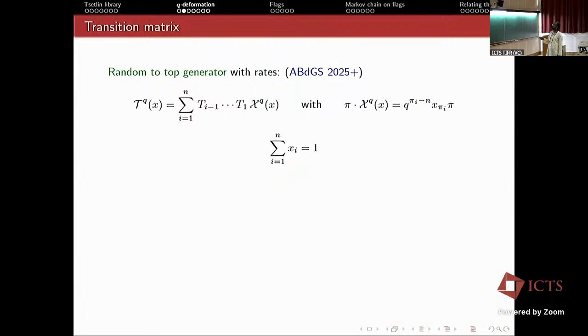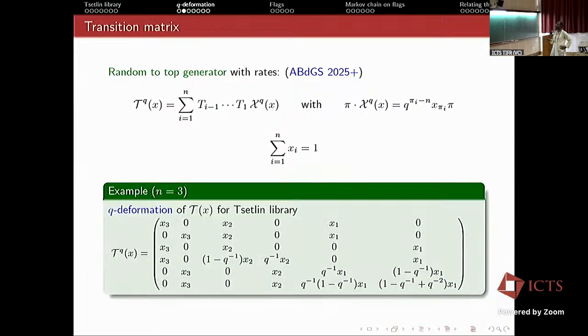So this should be q to the pi 1 minus n times x sub pi 1. So when you have done all these operations, you get some linear combination of permutations, and to each of them you associate something corresponding to the first entry in that permutation in one-line notation. Okay? And again, we want the sum of the x_i's to be 1.